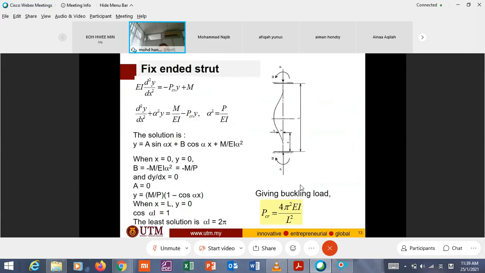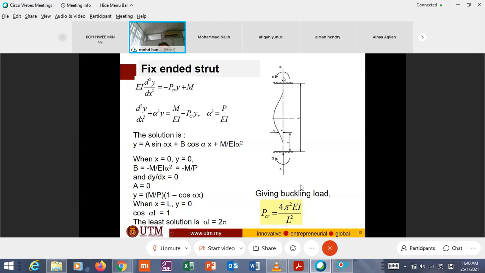But this is rigid. In a rigid connection, the end here cannot move, cannot displace, cannot move right and left. At the same time, it also cannot deflect.